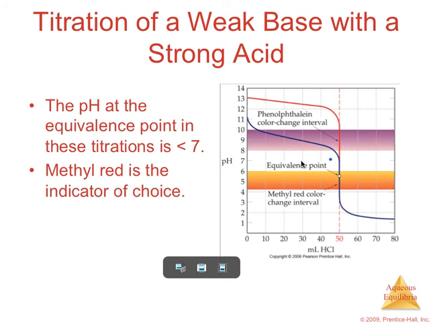You can see this weak base curve has less of a pH jump at the equivalence point, and then the pH at the end, where my acid is in excess, looks more like that strong acid curve. This curve in red is the strong base, strong acid. So the blue one is what you're looking at. And again, the methyl red choice here would be better. Phenolphthalein for a weak base, strong acid titration would be a bad choice.